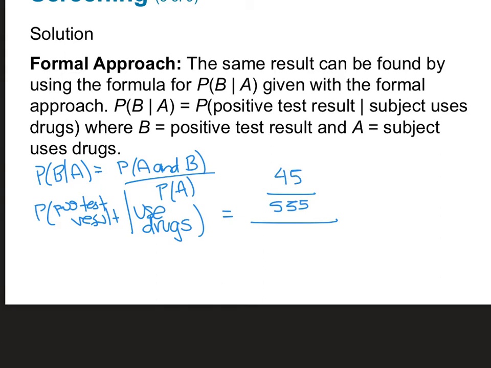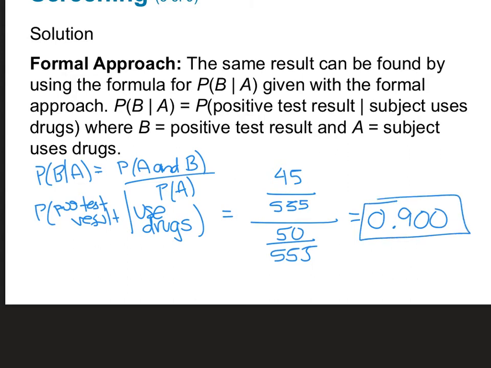And then your probability of A, and A is just the probability that they use drugs. That would be the top row, so 50 out of the total 555. And then in Excel, you can enter this. Just be careful with parentheses here. You would want to make sure that you do parentheses around 45 over 555 and then parentheses around 50 over 555. You should get 0.900 as your same answer.